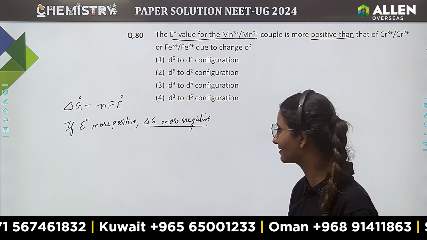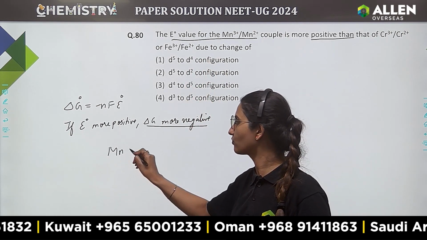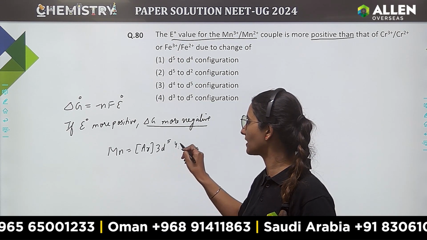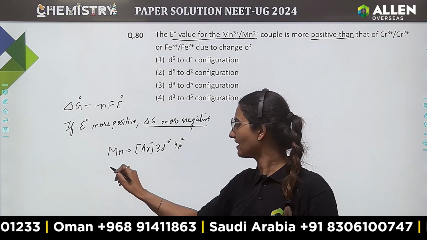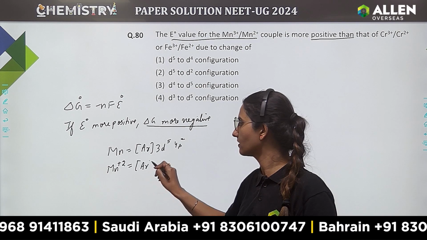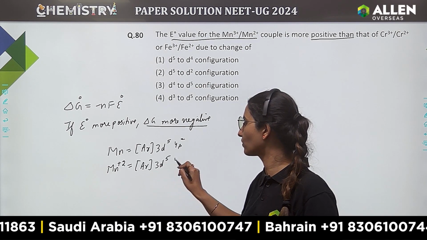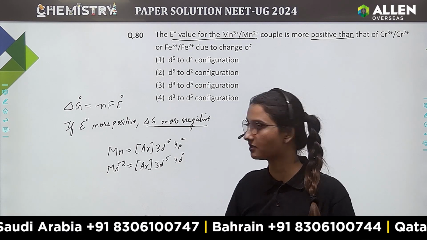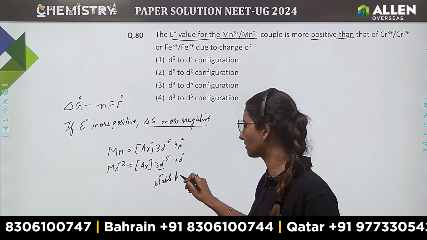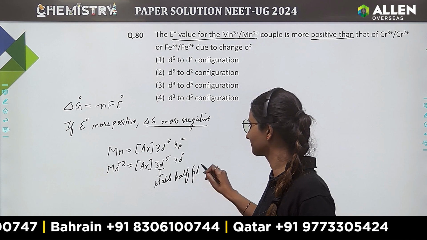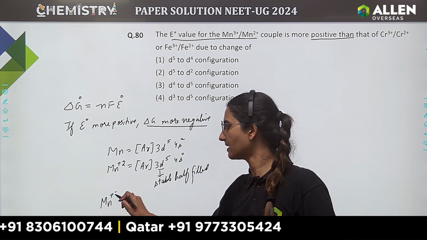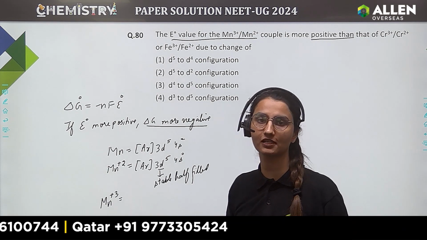Why? Let's check. See, students, Mn configuration is argon 3d5 4s2. If I have to write for Mn plus 2, what would it be? Argon 3d5 4s0. 3d5 is a stable half-filled configuration. And if I have to write for Mn plus 3, it means one more electron it has lost.